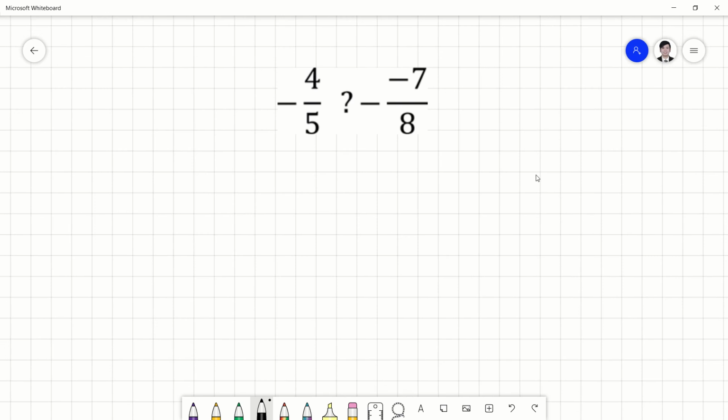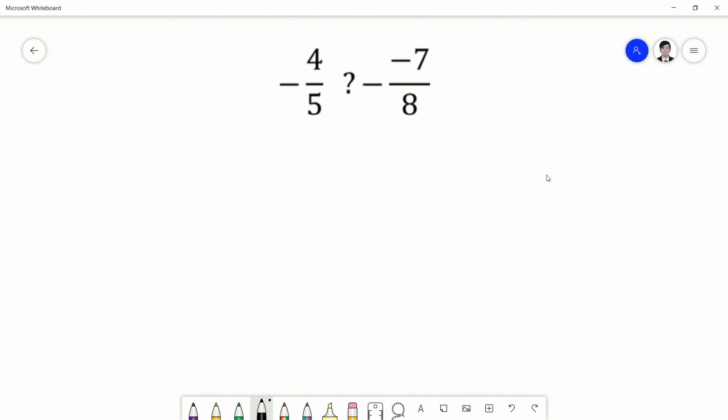Let's have our last example. So looking at this one, the given is actually negative 4 fifths and negative of negative 7 over 8. So take note, what will happen if in case you see this kind of situation? That means that you can actually simplify them.